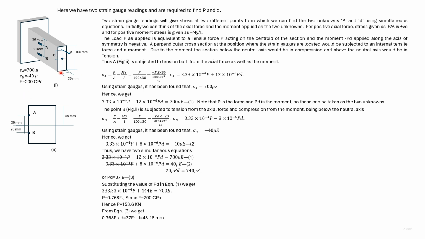So essentially we are given the stress acting at A and B. We have two unknowns, P and d, and we are given the stresses at two points, A and B. So we can think of forming simultaneous equations to solve for the two unknowns. We can also think of the two unknowns as the axial force and the moment applied.